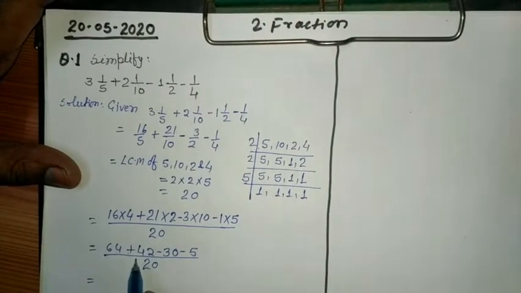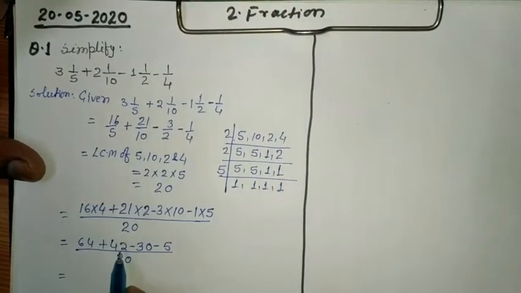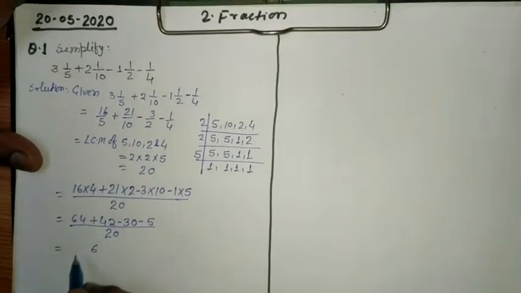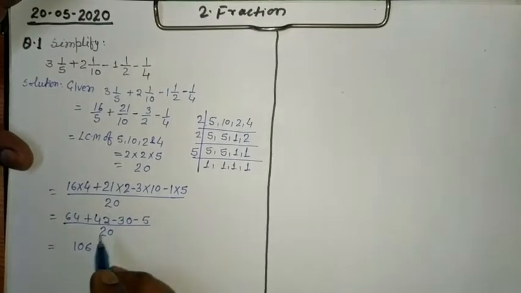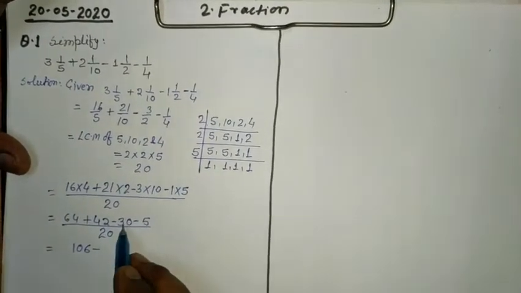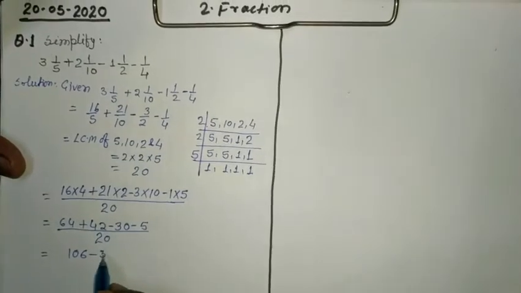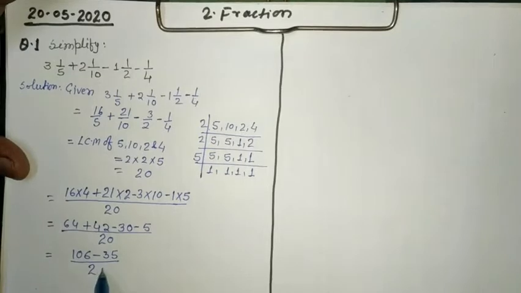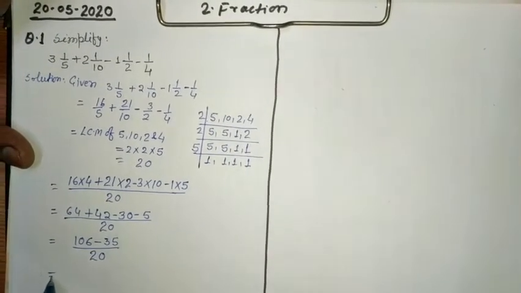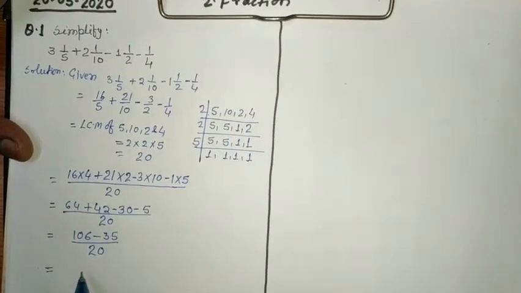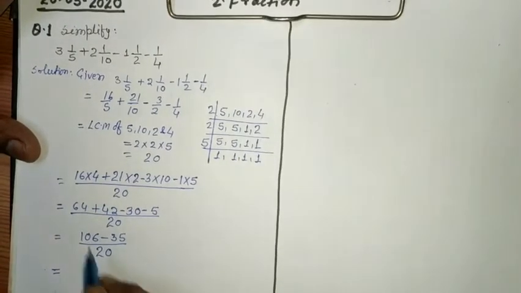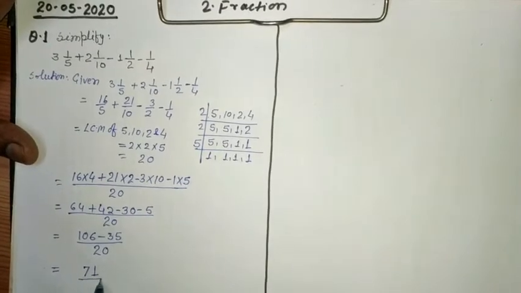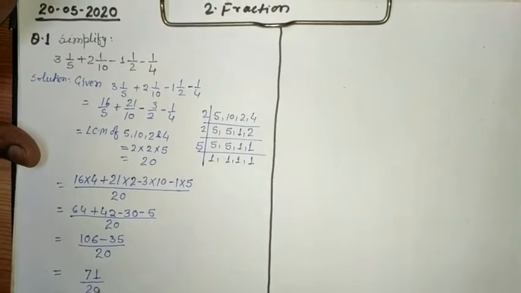We sum the like signs: 64 plus 42 is 106, minus 30 plus 5 is 35, upon 20. Equal to 106 minus 35 is 71, upon 20.